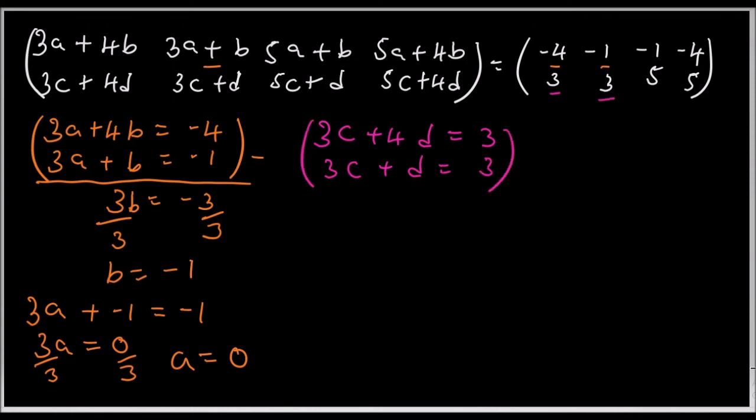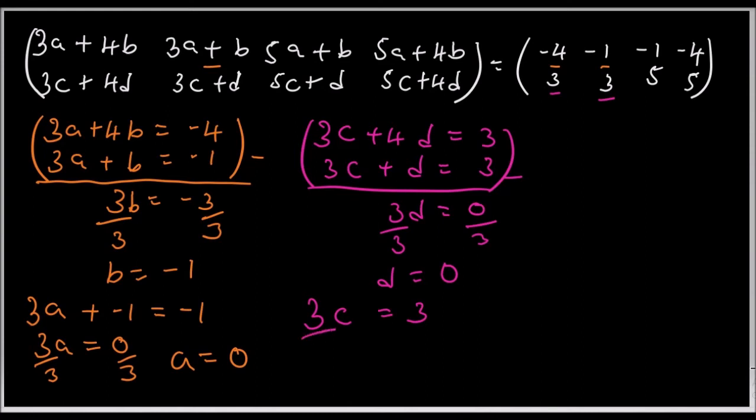We can eliminate C by subtracting, and therefore we have 3C minus C is 0. 4D minus D is 3D, equals 3 minus 3, which is 0. Divide both sides by 3, you get D equals 0. We substitute in the second equation, so 3C plus 0 equals 3. Divide both sides by 3, you get C equals 1.